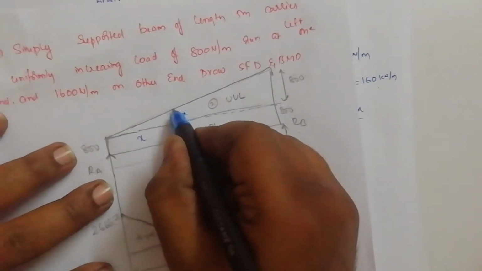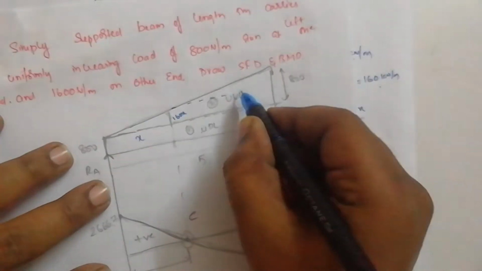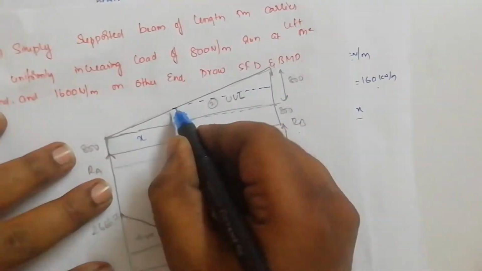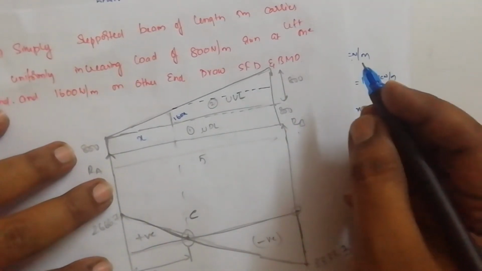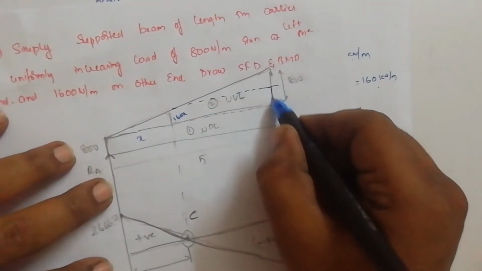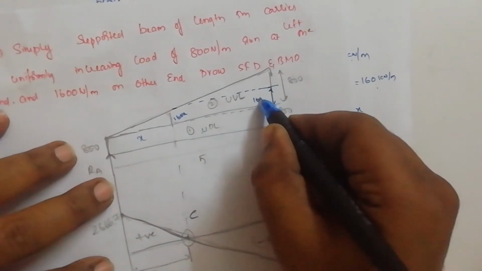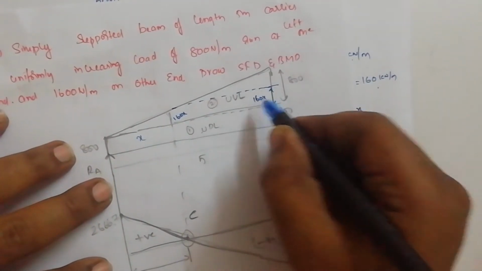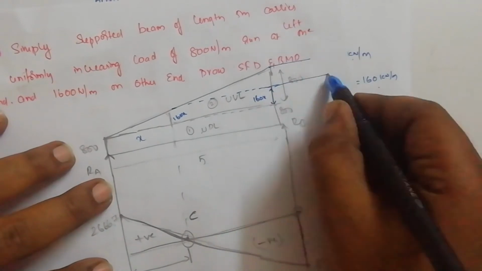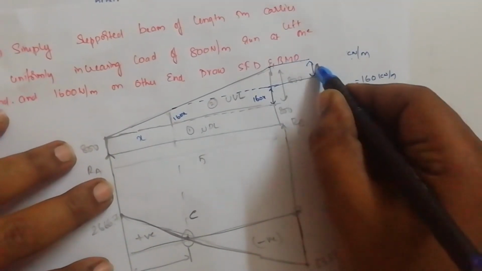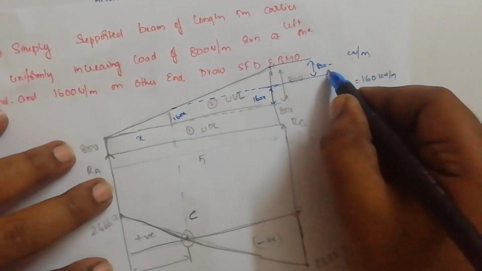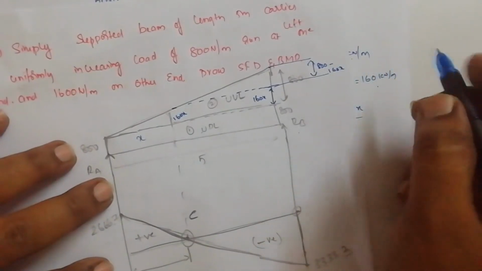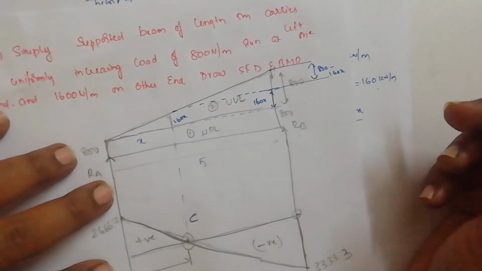If this is 160x, again from this point, if I solve towards the right, I have to split this into another part. So this height will also be 160x. So what will be this remaining height? This height is 800 minus 160x.